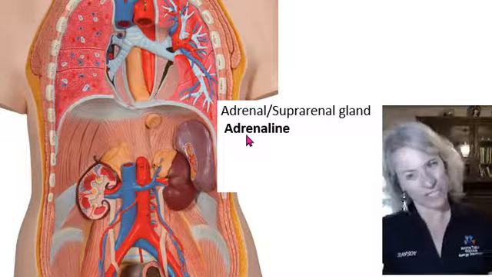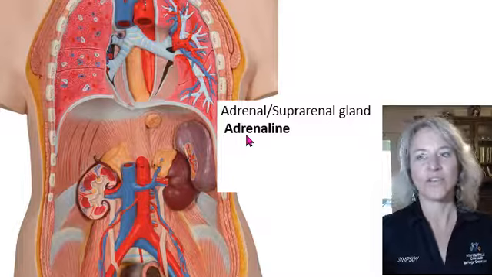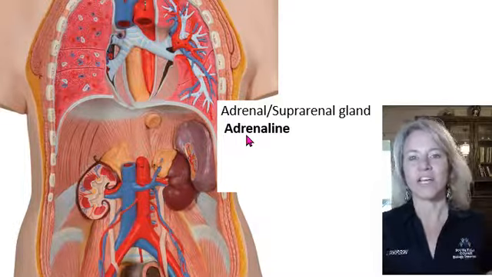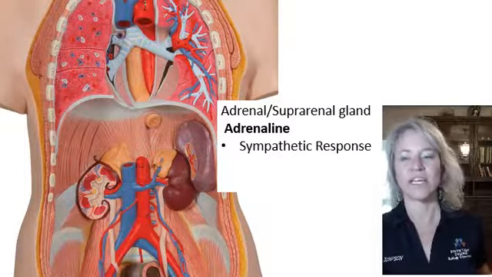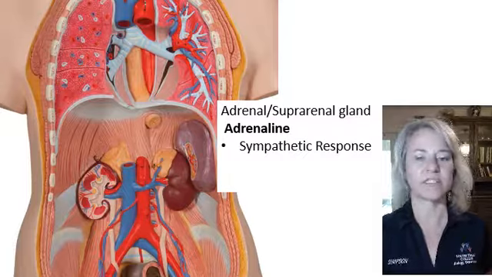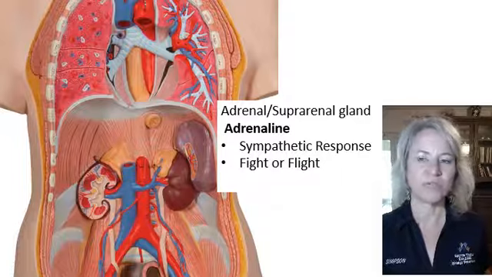And what does adrenaline do? I think you know what it does. You release adrenaline whenever you are scared, whenever you're angry. It causes your heart rate to increase. It causes a sympathetic response. The sympathetic response is known as your fight or flight response.